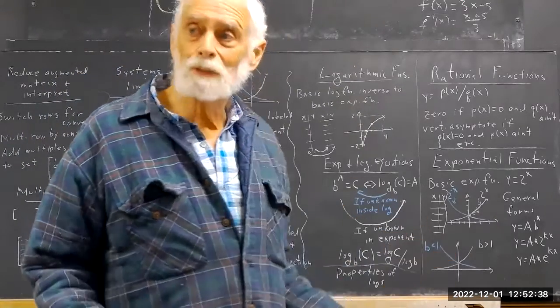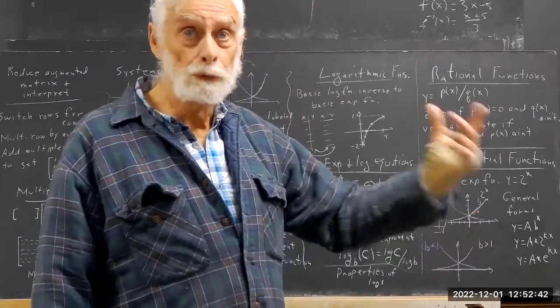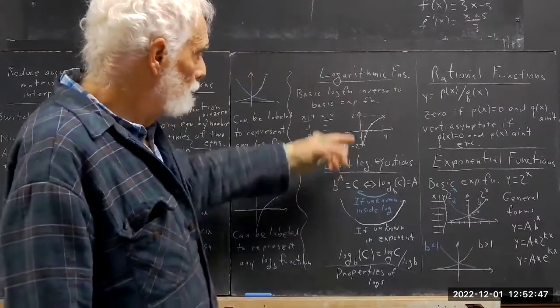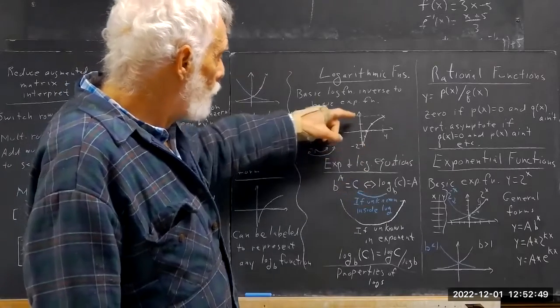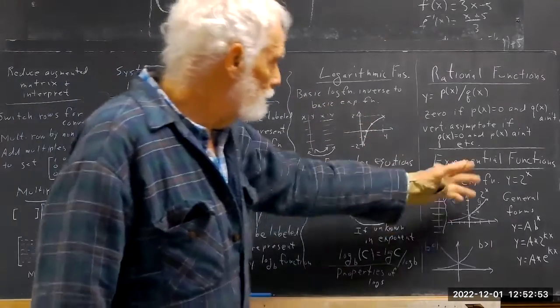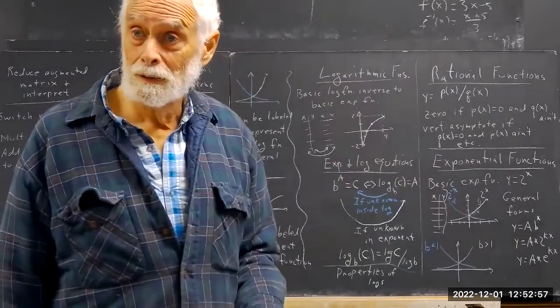The next easiest point to get here is (1, 2). 2 to the 1 equals 2. So you have the point where x equals 1, y equals 2, which means you're going to have a point up here where y equals 1 and x equals 2. So for these points, you just reverse the coordinates and you get this graph.